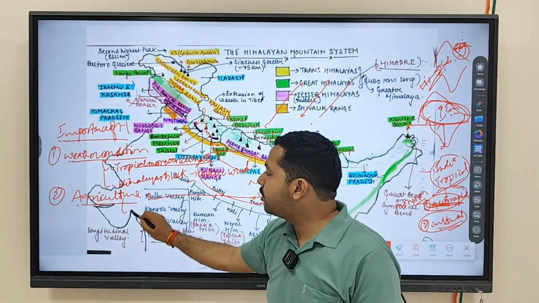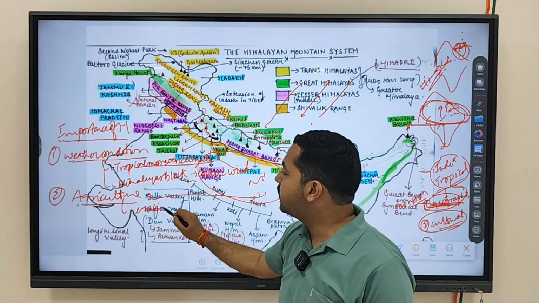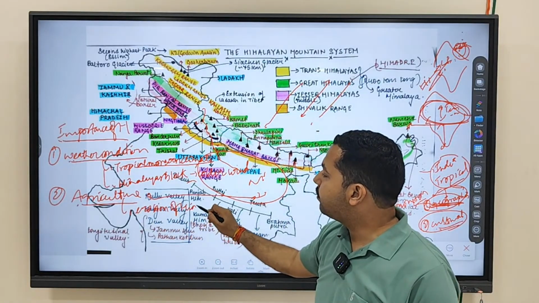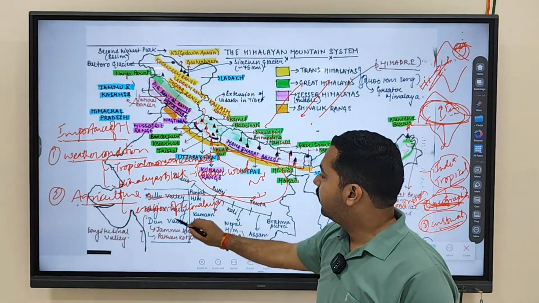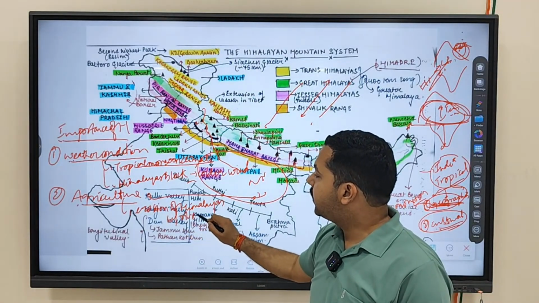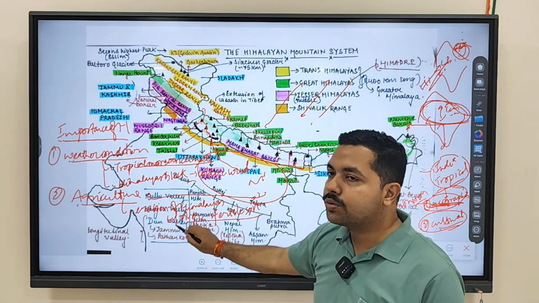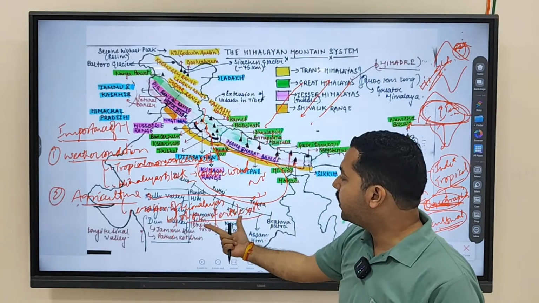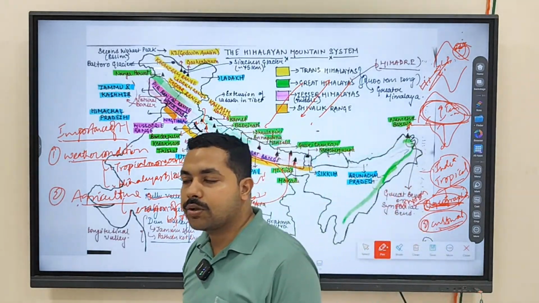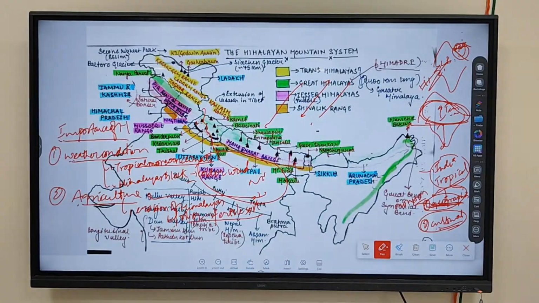So erosion of the Himalayas by rivers creates fertile soil, and this fertile soil is used for cultivation. That is what you have to keep in mind. Clear? So for the agriculture region also, it is very important.